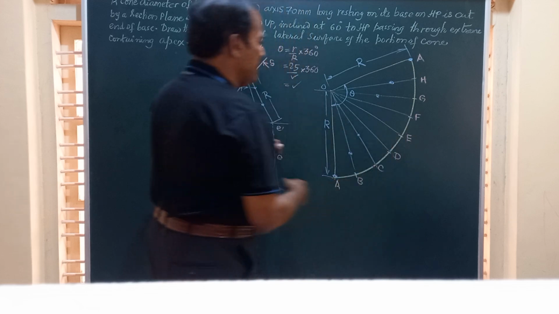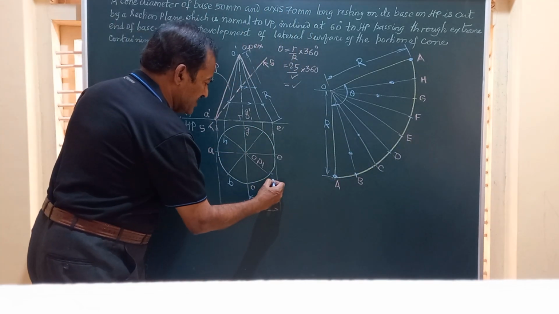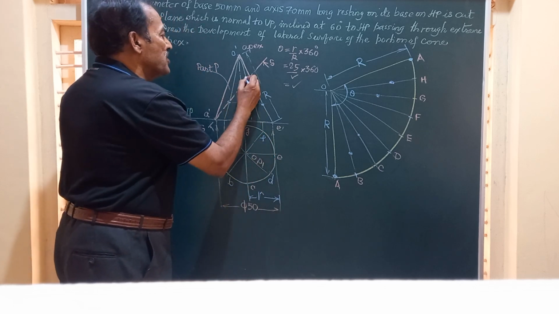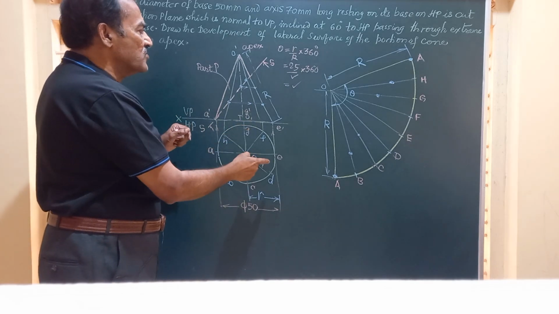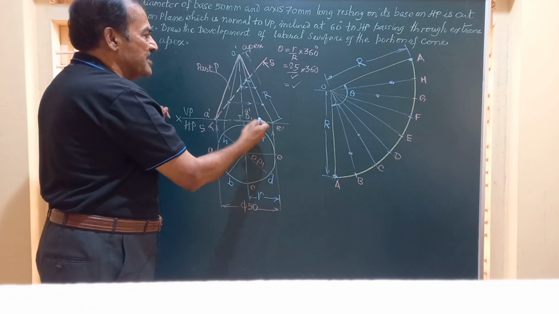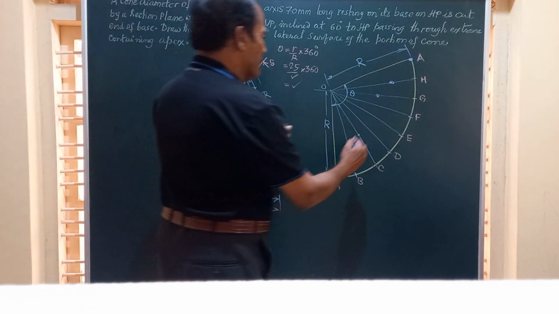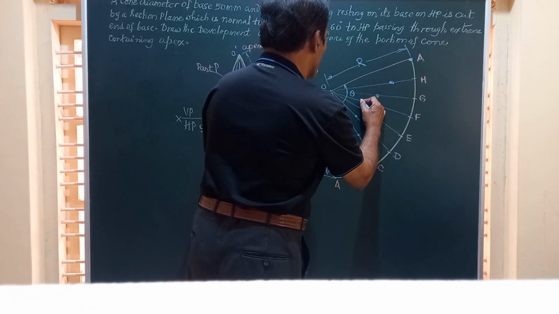So we got these points, and then we have this point D and F. So this is OD, OF. OD and OF are cut here, but OD and OF are not the true length. Hence, this has to be shifted to the true length line. Mark the distance on OD and OF. Next comes OD, and this point is OF.